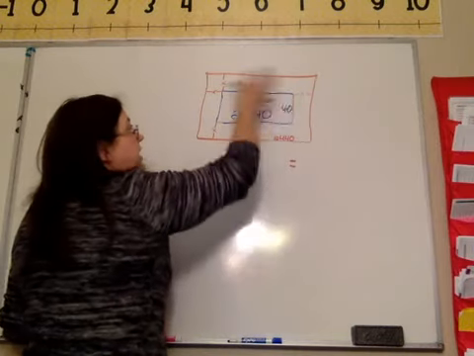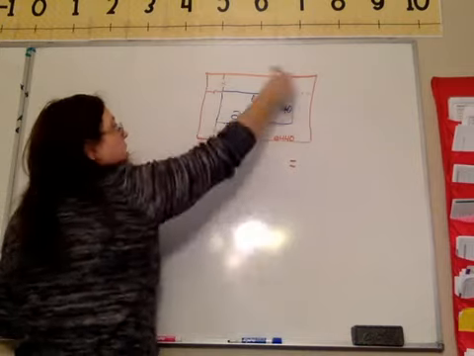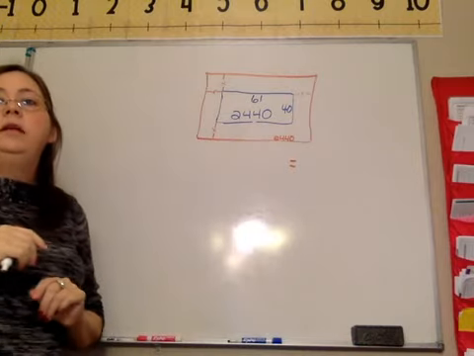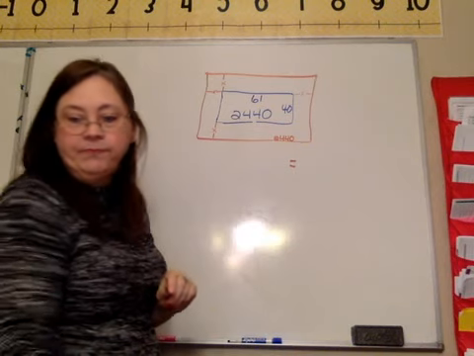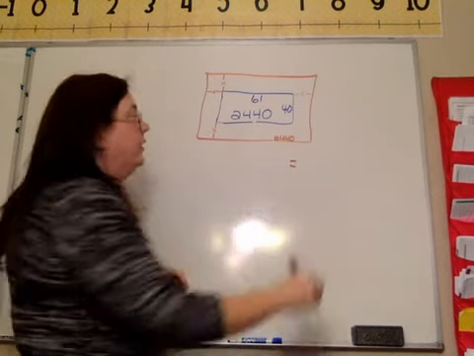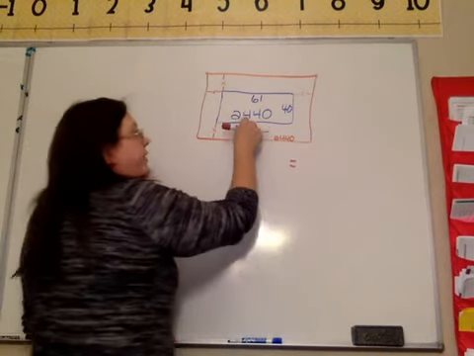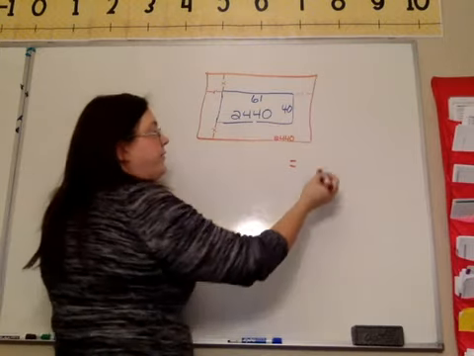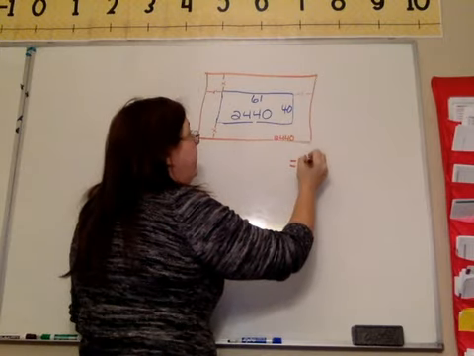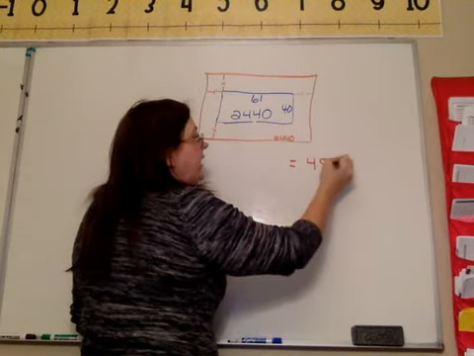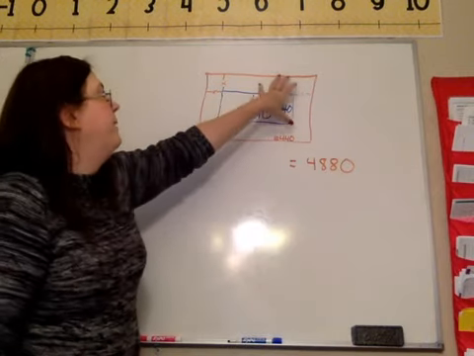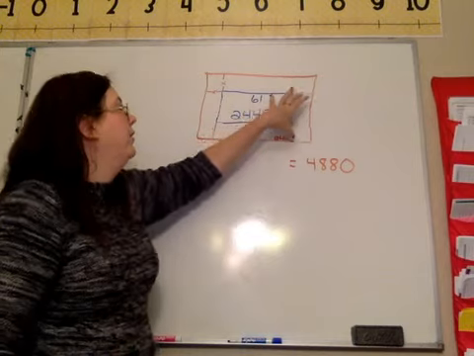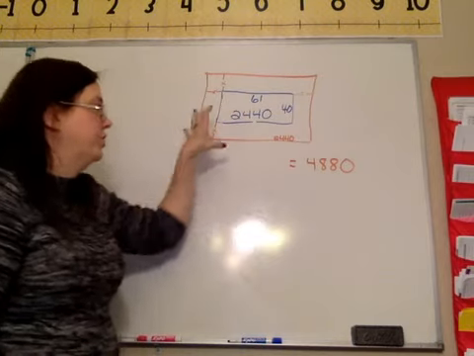So what would be the area of the whole big rectangle? Anybody? It would be the 2,040 for the pool and the 2,040 for the deck, which would be 4,080. See that? Both of those added together. So that means everything, the big rectangle, the whole structure.